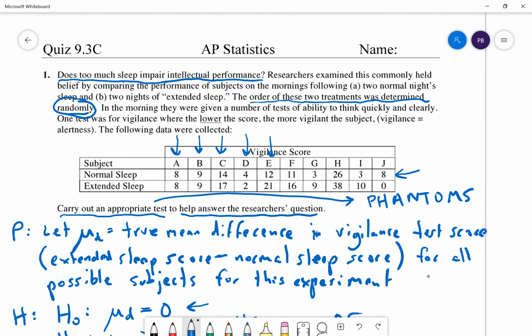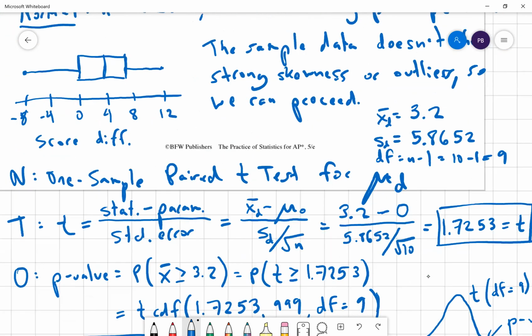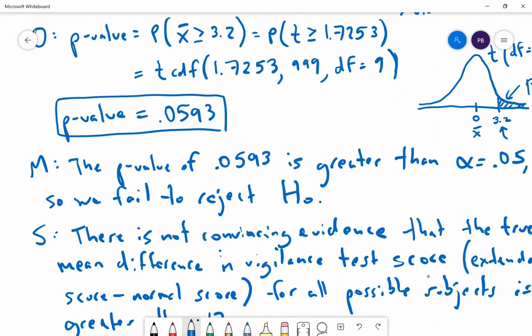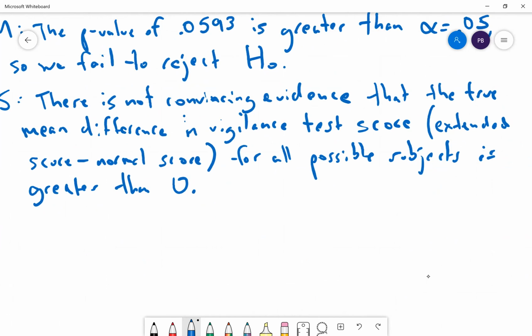So here we actually don't have convincing evidence to conclude that sleep impairs intellectual performance. So I'll just put that in context further. And this part is kind of optional. Actually, what we wrote here is probably fine for a conclusion, but I just want to make sure we really understand what's going on in this problem.